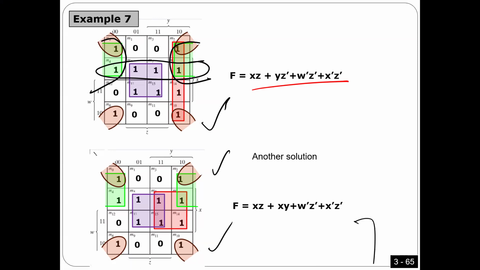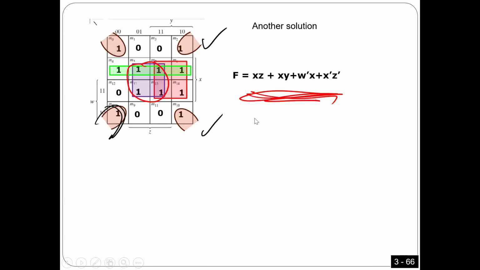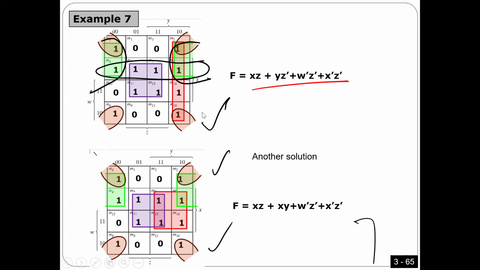Anyway, what I'm saying here, guys, is what is good about this example? Number one, you can learn we may have multiple solutions for the most simplified function. Number two, you can learn some groups are essential. Even if you have different solutions, some groups should be there because I don't have other options, like this group here and also this group here.